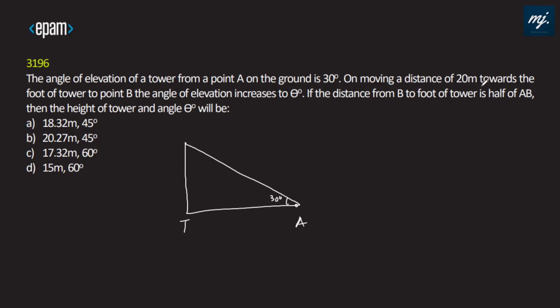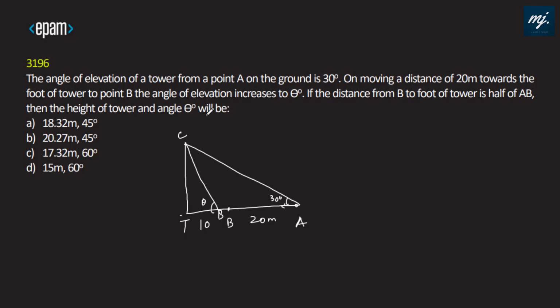On moving a distance of 20 meter towards the foot of the tower to point B, moving in this direction, let it be point B, 20 meters, the angle of elevation increases to theta degree. Obviously it will increase. Suppose this is B, this becomes theta. If the distance from B to foot of tower, that means BT, is half of AB, half of AB means this distance is 10, let it be C.